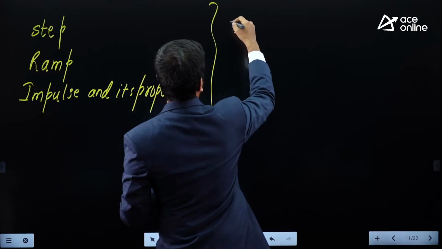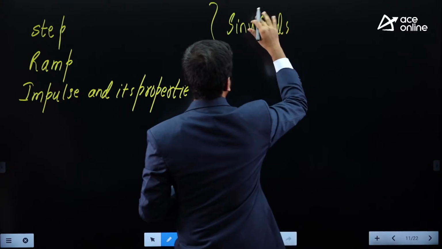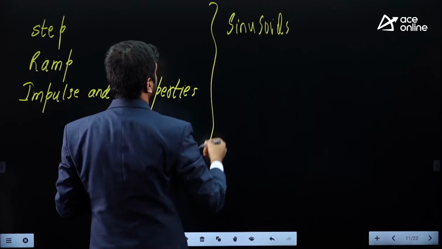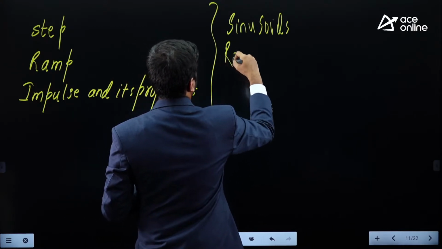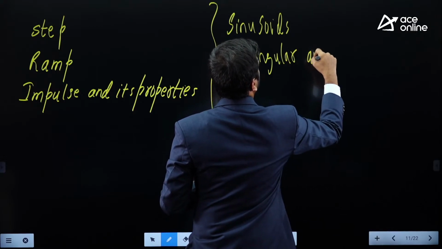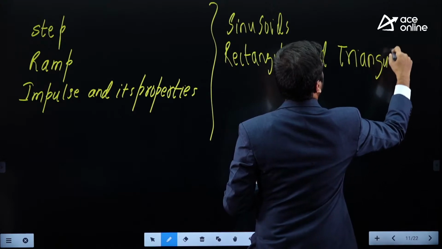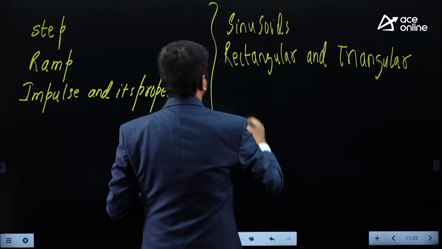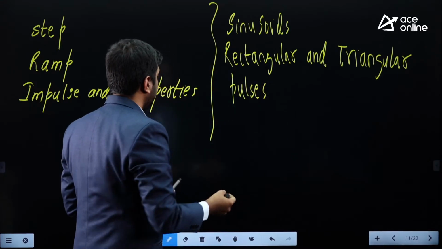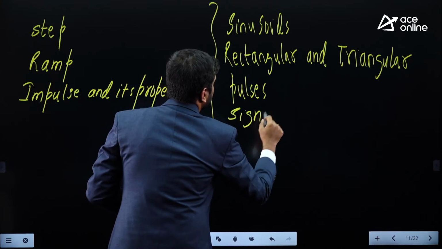Next, the most important ones, the sinusoids. You must know what sinusoids are, like sine and cos. The next ones, rectangular and triangular pulses. The next one is the signum.